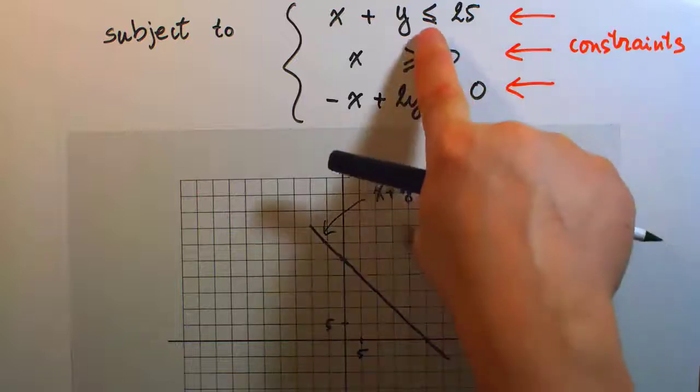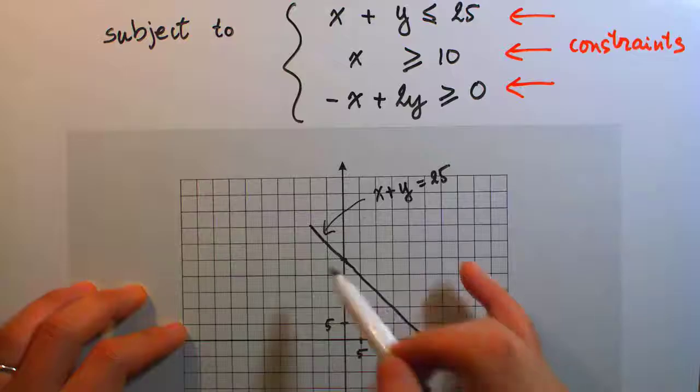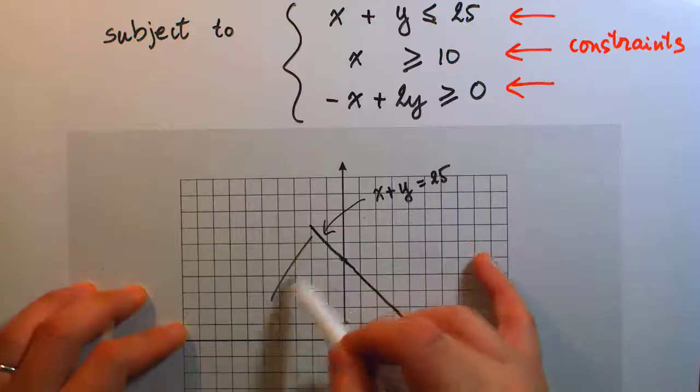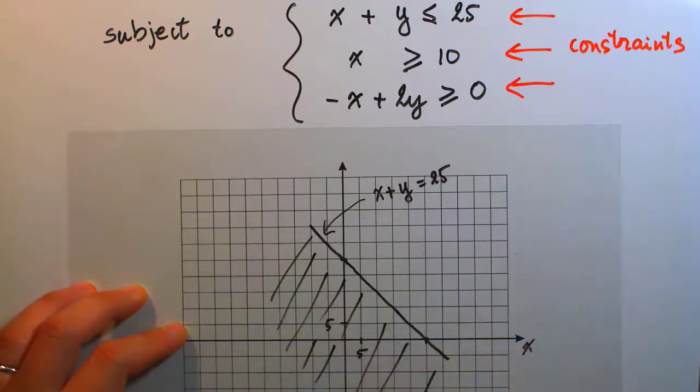And of course, since the inequality has equal signs, we are using a solid line here. According to what we've learned in the video lesson on graphing a linear inequality, we're shading below this area.